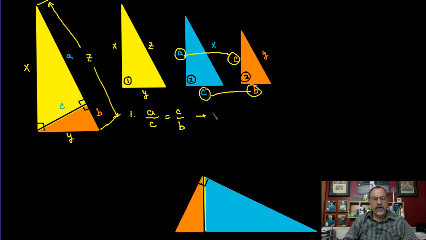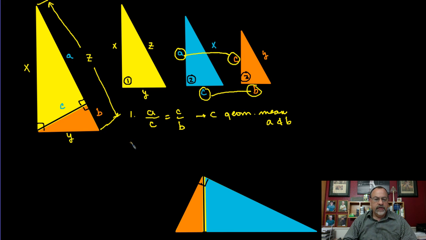So C, then, we could say, is the geometric mean of the lengths A and B. So if I know what A and B are, I can determine the length of C. I simply calculate the geometric mean of A and B. If I know A and C, I can set up a proportion and determine the length of B or of A. Just remember that the length of C will go in both places, the geometric mean position.